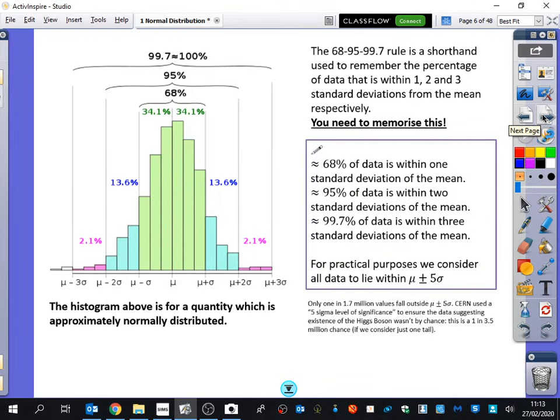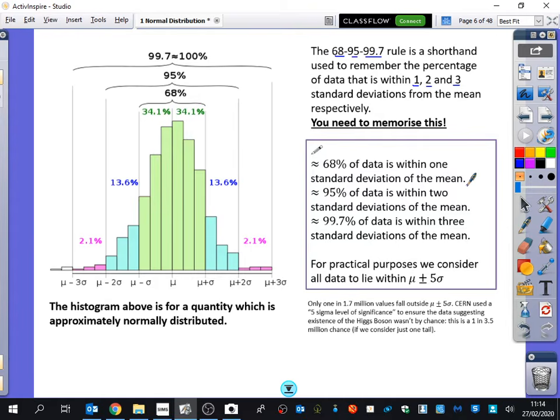We have something called the 68, 95, 99.7 rule. It's not exactly the snappiest of rules to remember. It's used to remember the percentage of data that is within 1, 2, and 3 standard deviations from the mean respectively, and this needs to be memorized. What we're saying here is that 68% of the data is within 1 standard deviation of the mean.